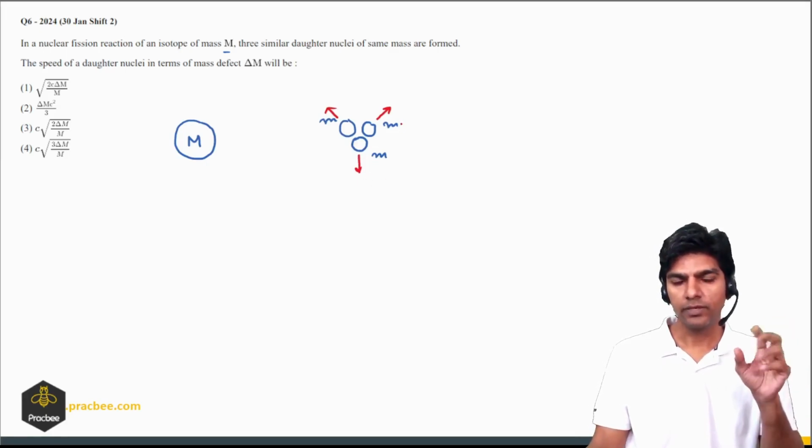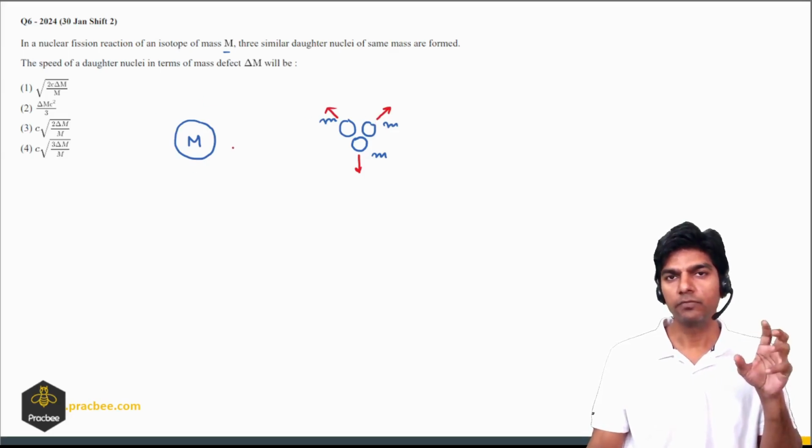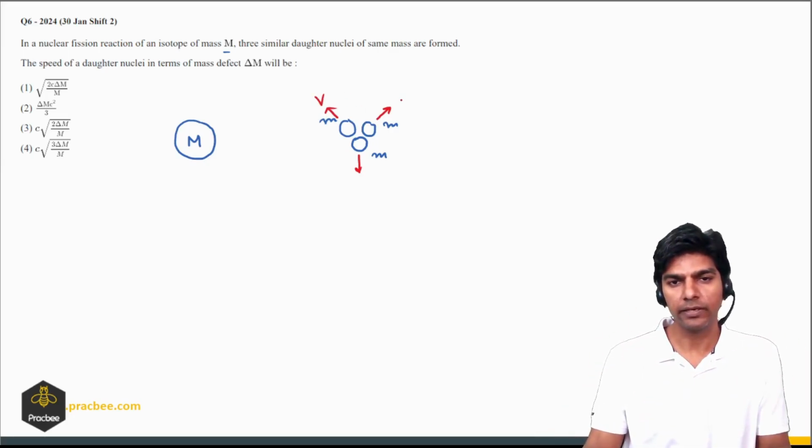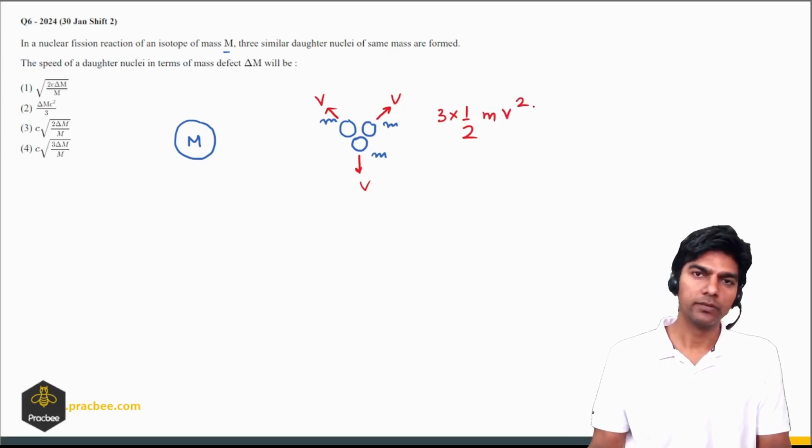Since they have same mass and the momentum, by conserving the linear momentum, we can say they will be symmetrically aligned. Their velocities will be symmetrically aligned, right? So we can say the kinetic energy of the daughter nuclei will be 3 times half m v square, right?